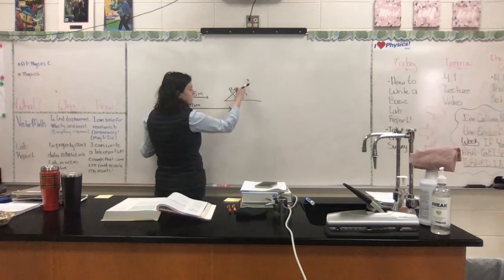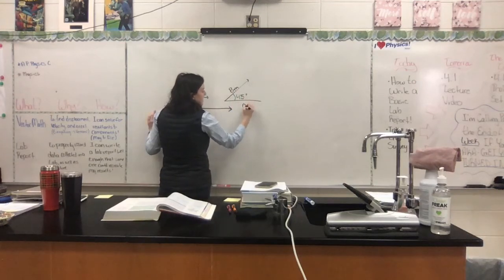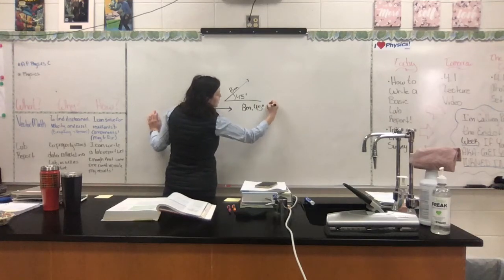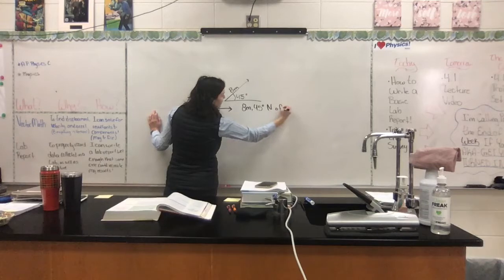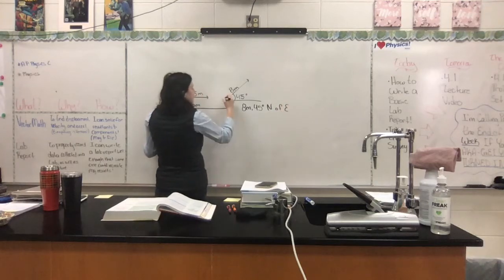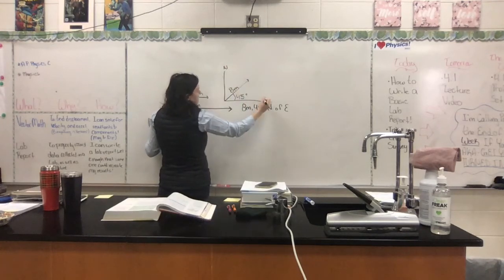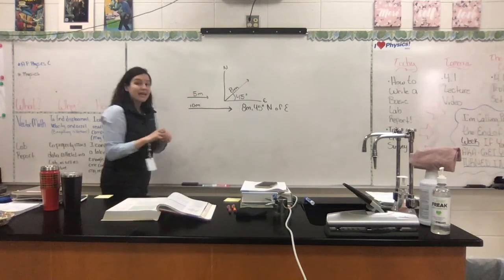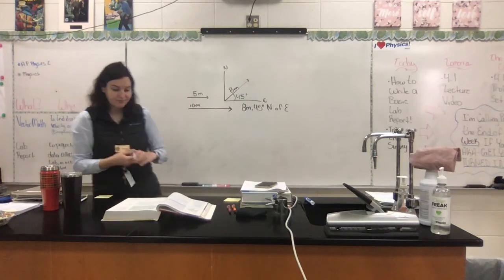So here, this vector would be 8 meters, 45 degrees north of east, because this would be the positive x direction, this is the positive y direction. So remember, in a coordinate system, this would be north and east. So this vector is 45 degrees north of east, okay?